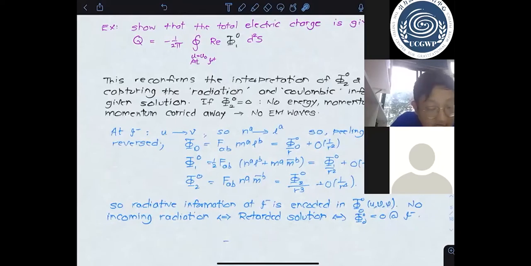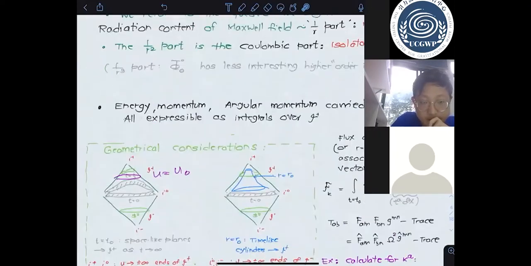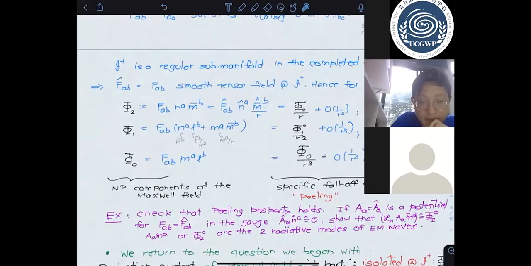In the Maxwell case, we got a physical space-time, and we got a Maxwell field, and we got a null tetrad in physical space-time, N, L, M and M bar, and at Scri plus the peeling property was here. And these are the various components. These are just definitions. The Maxwell field has 6 components, and these are 3 complex combinations of those components.